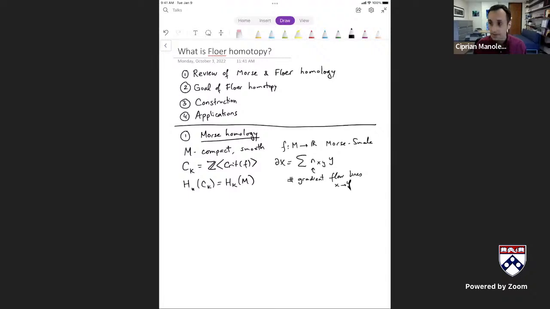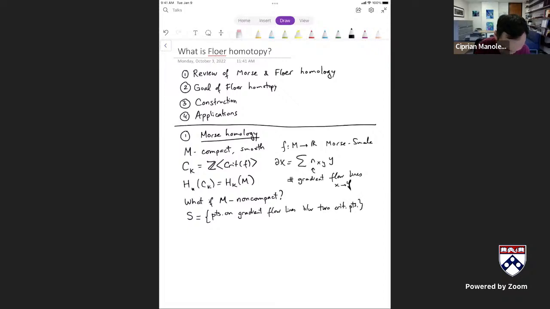That's in the case that M is closed, but what if M is non-compact? This is perhaps slightly less known. So in that case, you can still define Morse homology, but we need some condition. Let's look at S being the set of all points on gradient flow lines between two critical points, and let's assume that S is compact.